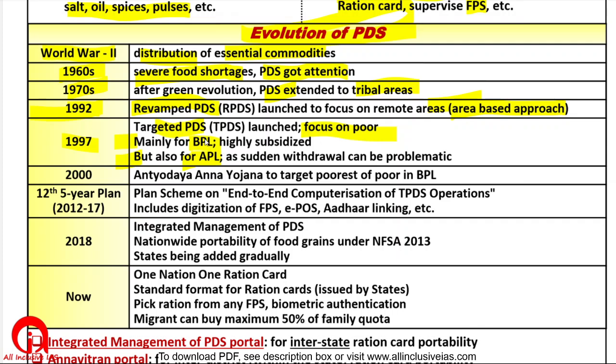Because if a person is in BPL and he's getting food grains at cheap rate, it is good. Now tomorrow when his income increases, then suddenly he will not have any support from the government. So he will always want to remain poor. Not a good thing. So therefore government said that to APL also we will give, but it will not be as much subsidized as it is for BPL.